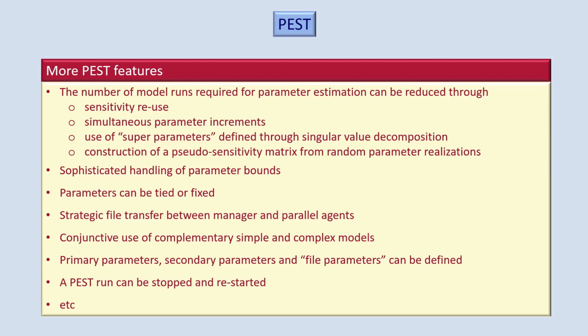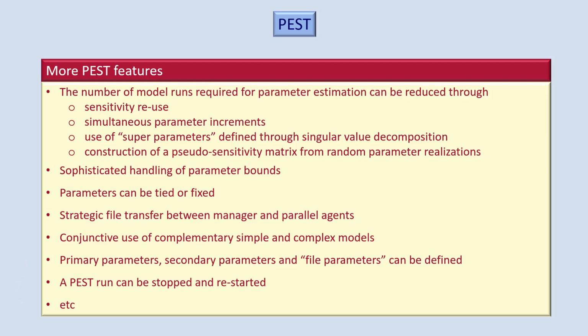Devices that it uses include some of the ones that you see here: sensitivity reuse, simultaneous parameter increments, superparameters, and construction of a pseudo-sensitivity matrix from random parameter realizations. Bounds can be imposed on parameters. Parameters can be tied or fixed.